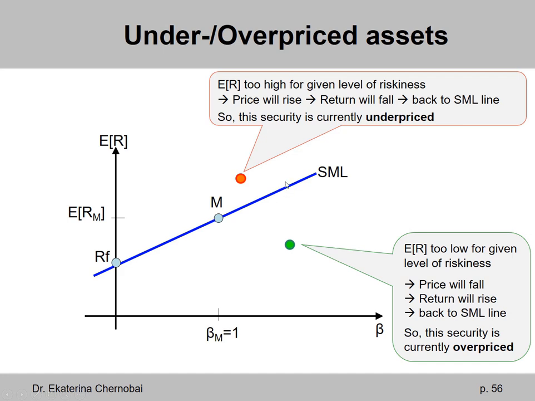And the equilibrium occurs when the point is exactly on the line. So for this amount of beta, we have the right compensation for it in the form of expected return. And so the fact that currently the price is too high and will need to fall means that this stock is currently overpriced. So to summarize, any point above the line means the stock is underpriced. Any point under the line means the stock is overpriced.